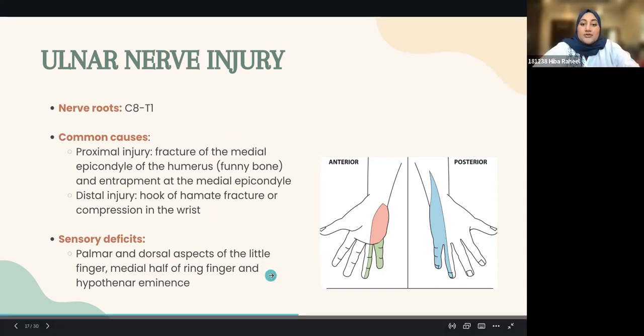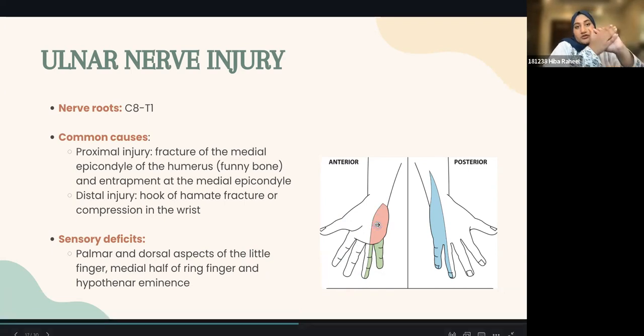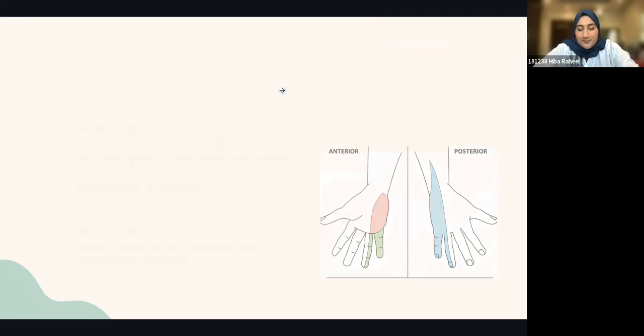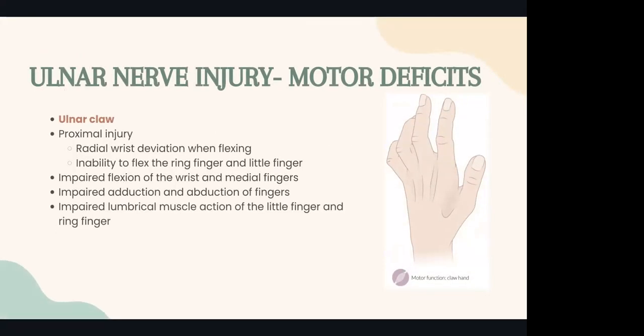So the ulnar nerve supply is very easy. Remember, it supplies the ulnar side of your hand. It supplies your pinky and half of the ring finger, this part of the palm, as well as the back. It basically supplies the hypothenar eminence, or the hypothenar region. It also supplies the adductor transverse and oblique.